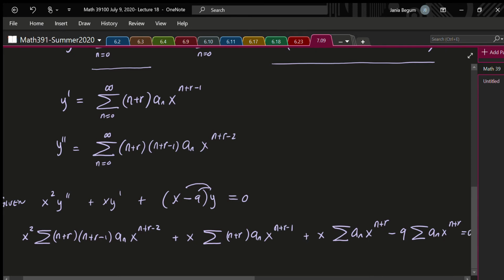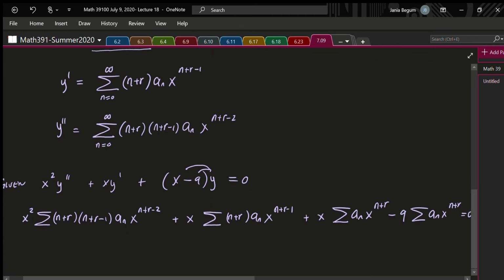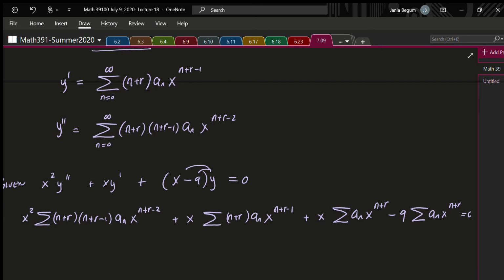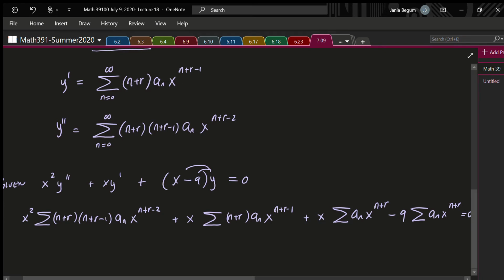So that's the setup. Now we're going to simplify this just a little bit by combining powers. So I'm going to go ahead and move this one inside and combine it with that. Move this one inside, combine it with that. And then this one will go inside as well. And the 9, you can keep it out there or put it inside the summation. Not a big deal.